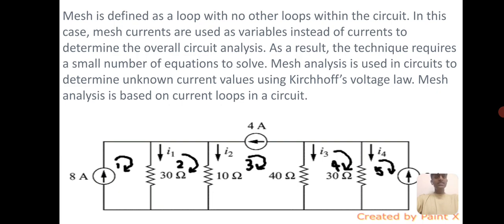In this case, mesh currents are used as variables instead of branch currents to determine the overall circuit analysis. As a result, the technique requires a small number of equations to solve. Mesh analysis is used in circuits to determine the unknown current values using Kirchhoff's voltage law. So mesh analysis is based on the current loop in a circuit.